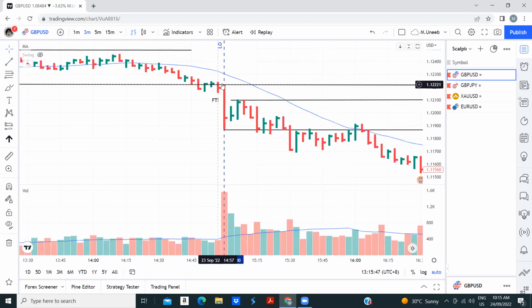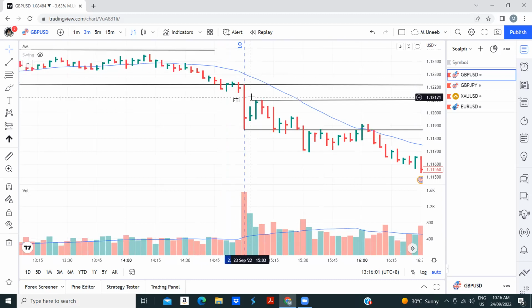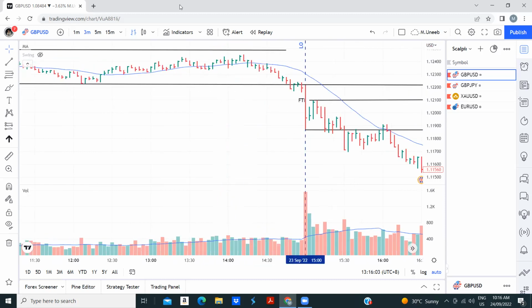Where would you enter here? Normally, once you have this kind of situation, when you have a big bar down, there are two kinds of situation here. Let me explain. Sometimes during a London breakout, what could you do?